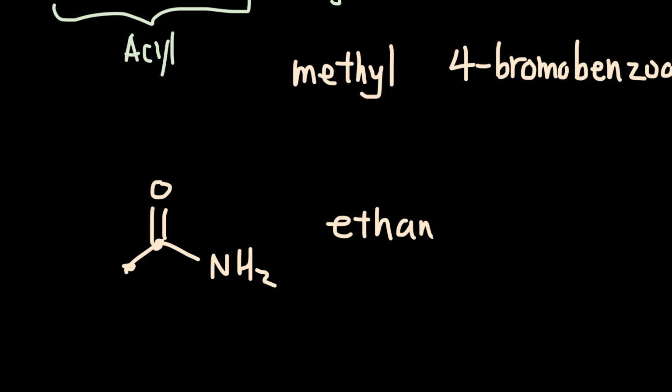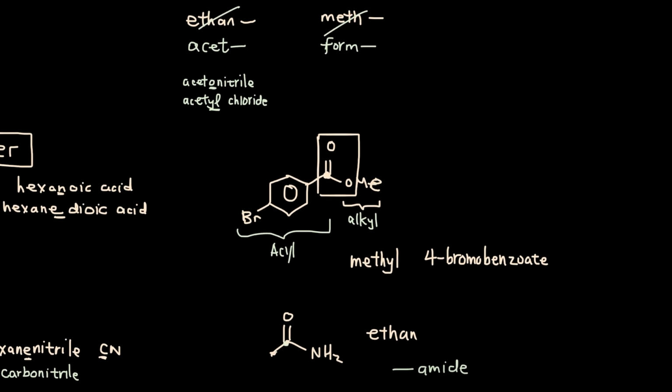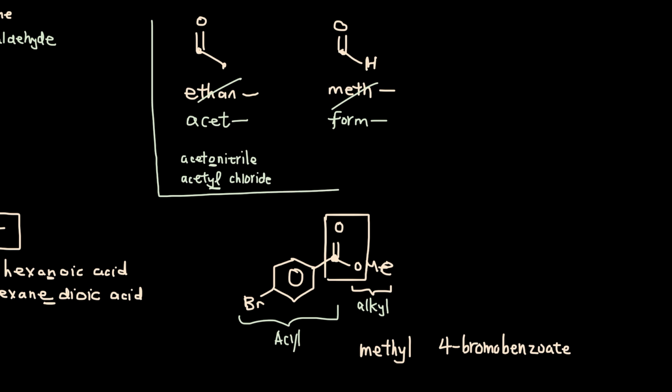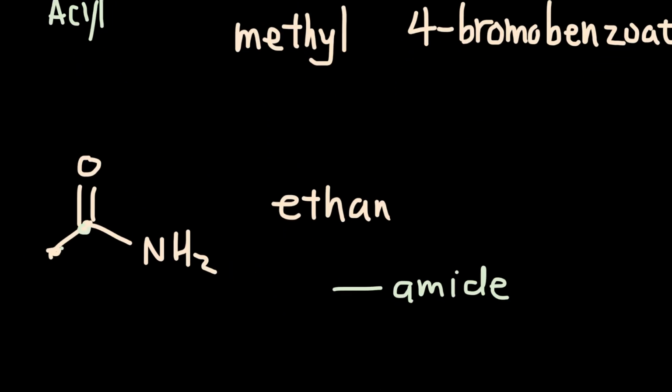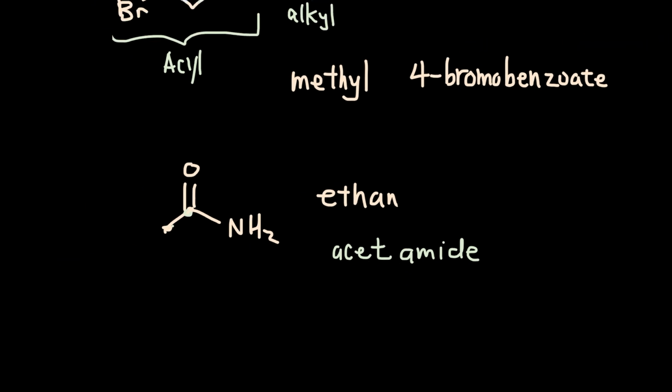Well, actually for amide, we take away that as well. We will use the ending amide. But now, because there are two carbons, and because of this thing, we are now going to name it with an acet prefix. So this is actually going to be acetamide.